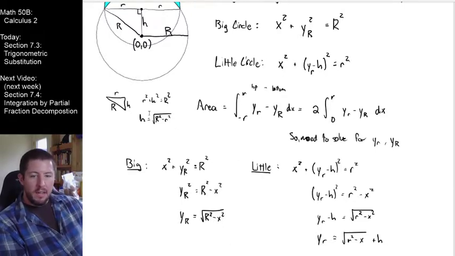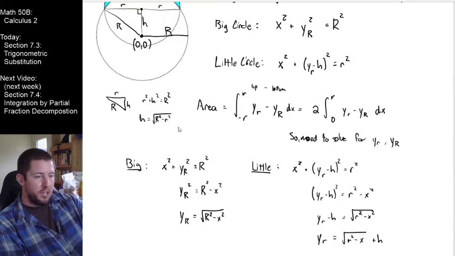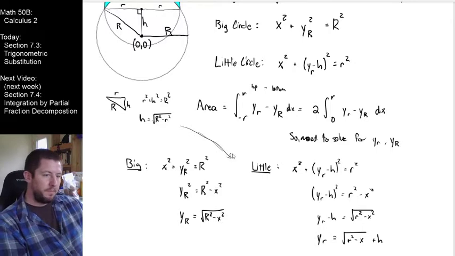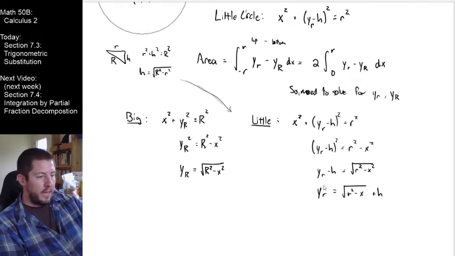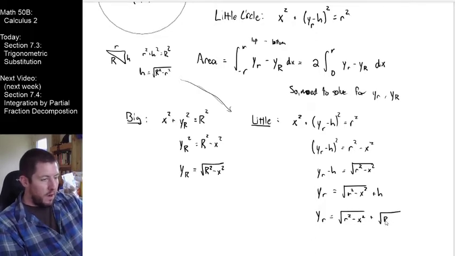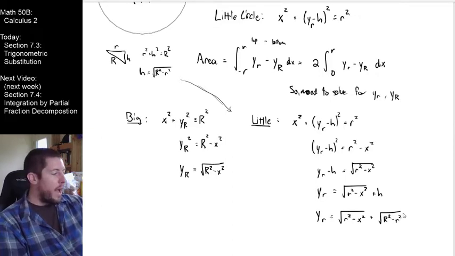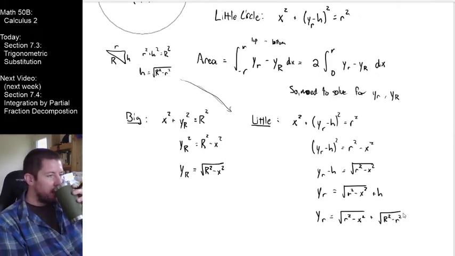So this allows me then to rewrite my h term, so that I can now say that y sub little r equals the square root of little r squared minus x squared, oops, I dropped my squared on this x, plus the square root of R squared minus little r squared. Okay? So I've come up with my explicit equations for y for each of the terms that I need for my integral.